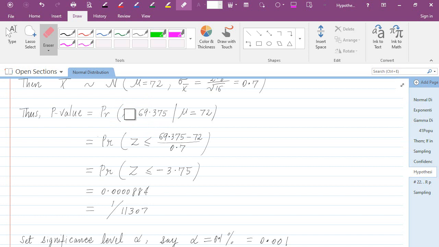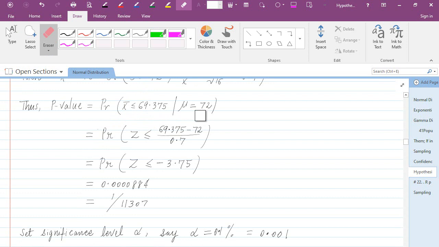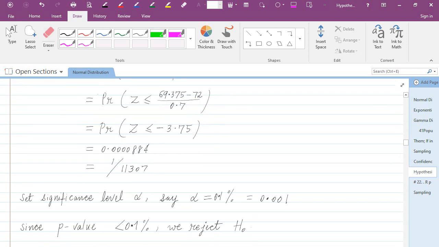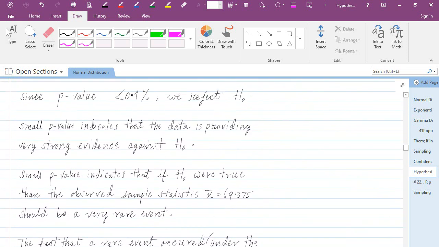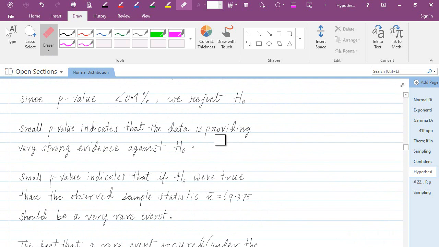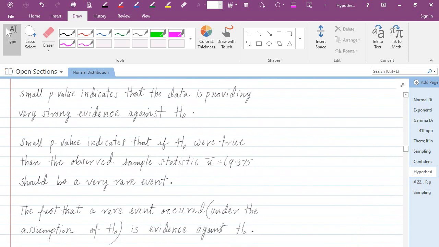And if a rare event has occurred, that's an indication that the assumption that we made about the population mean is not correct. So again, the small p-value indicates that the data is providing very strong evidence against the null hypothesis.